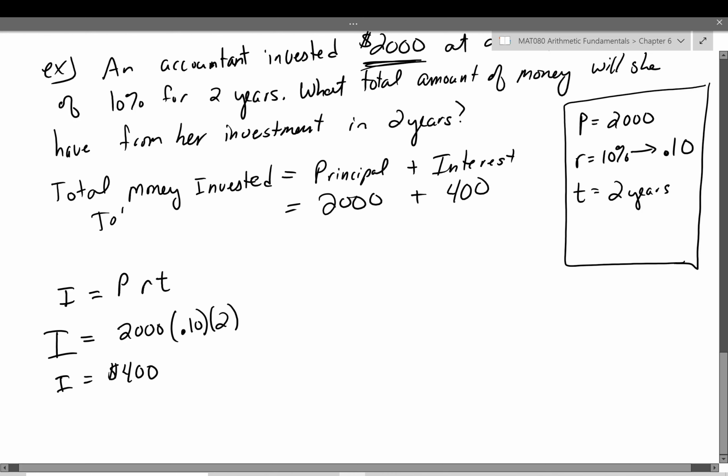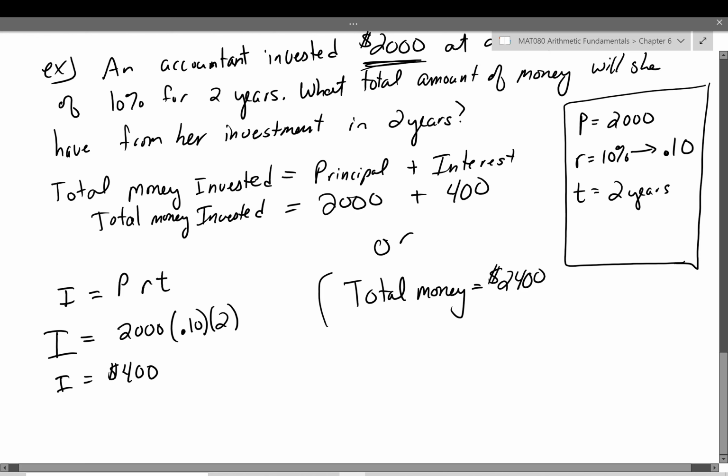So the total money invested is going to equal 2,000 plus 400, or total money is going to equal $2,400. Okay? Not too difficult.